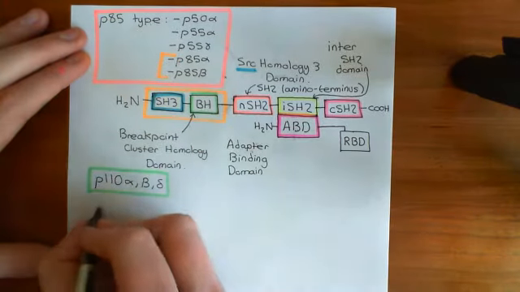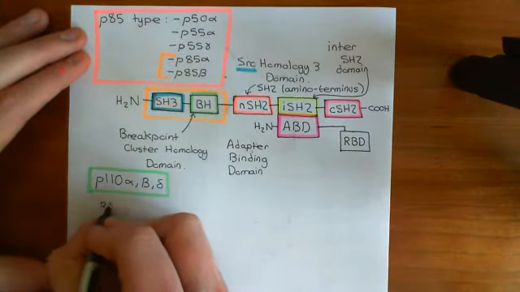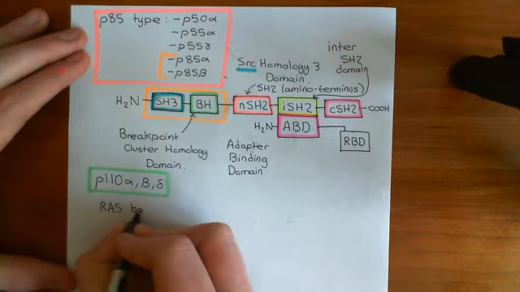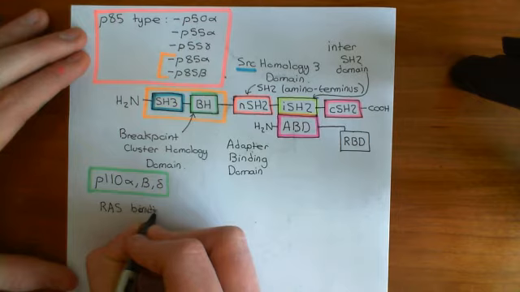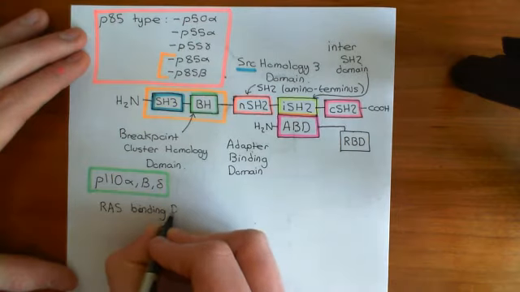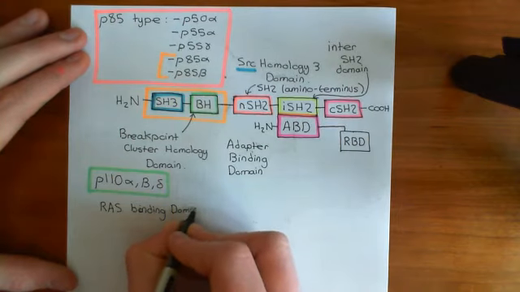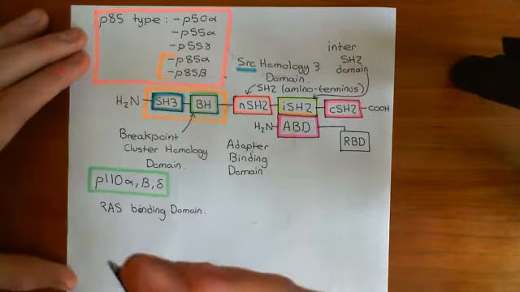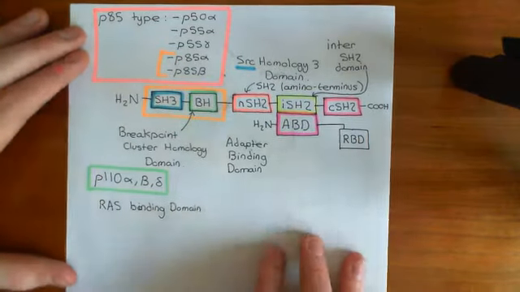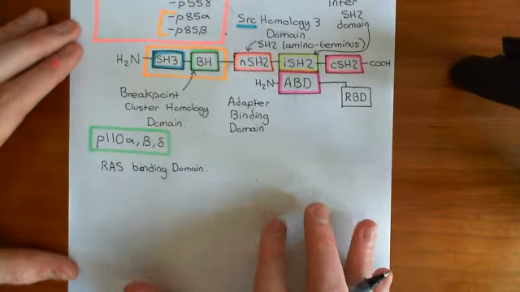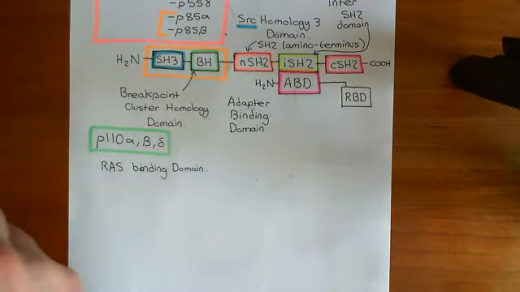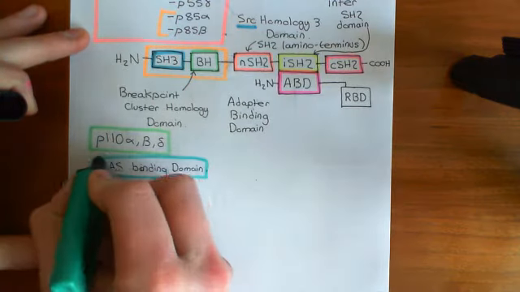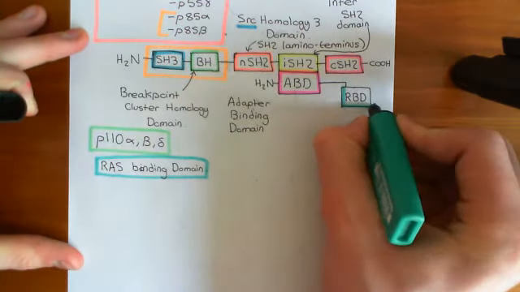So this RBD domain is a domain which can be bound to by RAS monomeric G proteins. They can bind directly to the catalytic subunit, so they don't need an adapter protein sitting in between them, and they can activate and recruit these catalytic subunits. But as I say, we're not going to dwell on this point here. So this is in turquoise here.